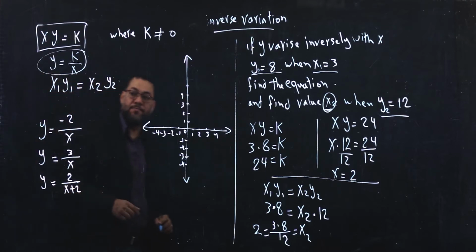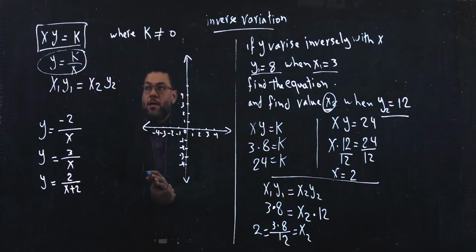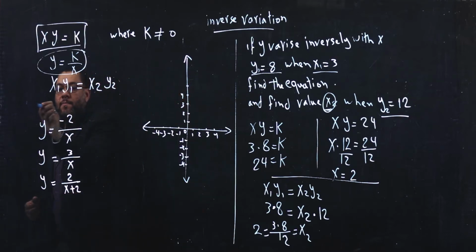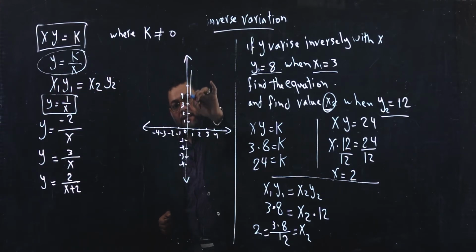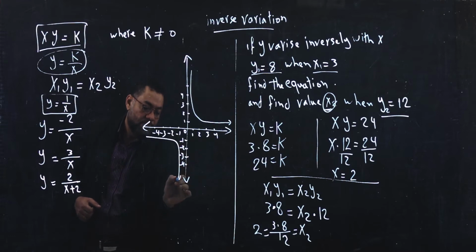Let's see this. To draw each one of them, if it's y equals 1 over x, look at this, it will be drawn by a smooth curve that doesn't intersect with the y-axis here and here.